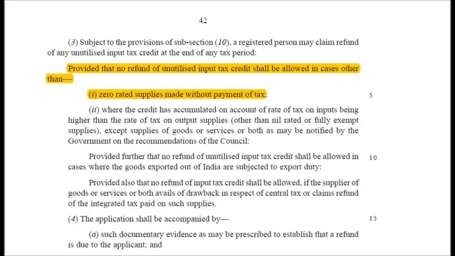So only in cases where you opt for without payment of tax can you take the refund of unutilized input tax credit. So it simply means that if you have availed the option of export with payment of tax, you cannot take the unutilized input tax credit refund.